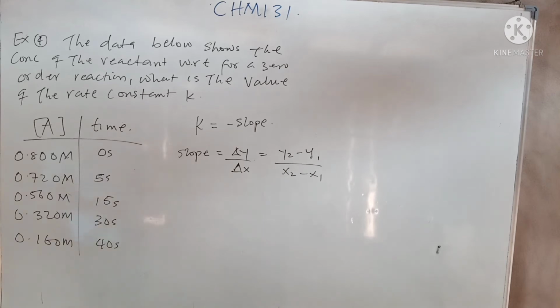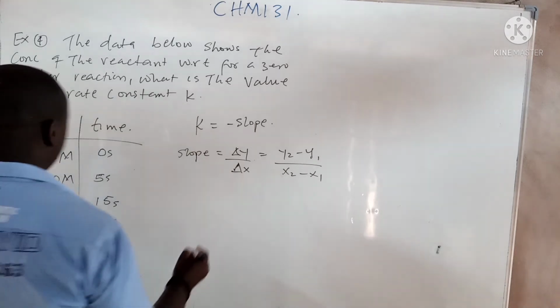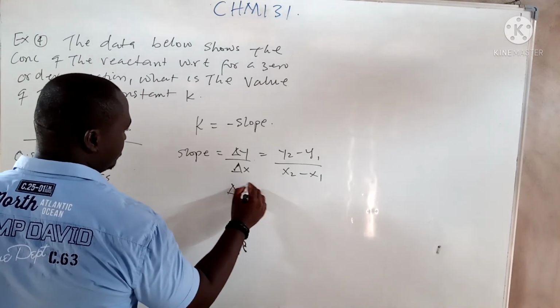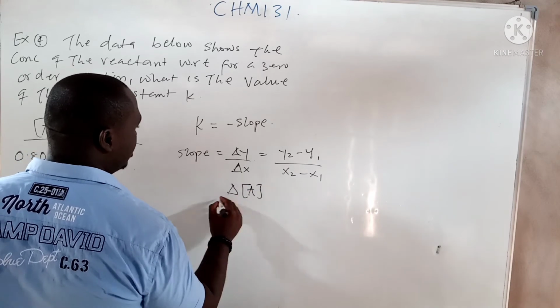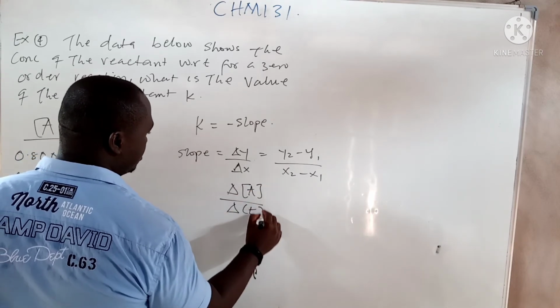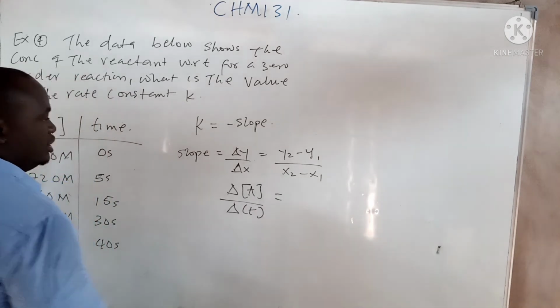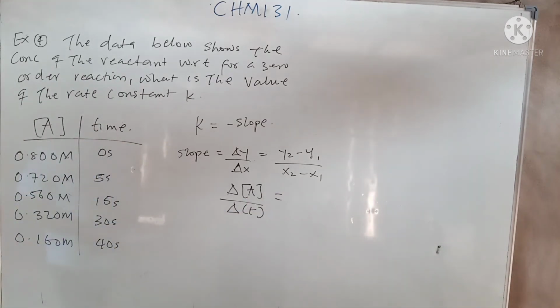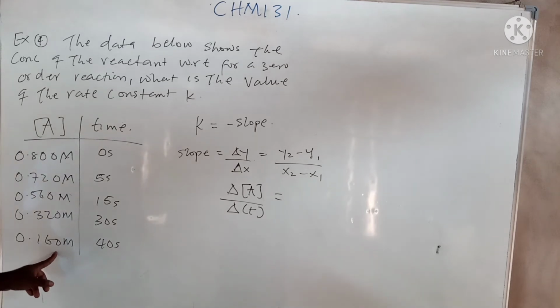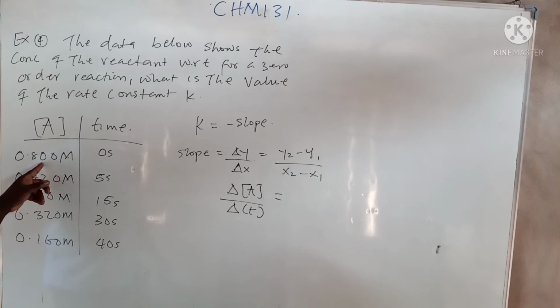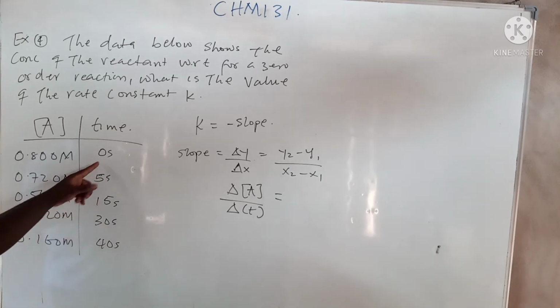So that means this will give me the change in concentration all over the change in time, right? So in this question, it has to be the final concentration minus the initial concentration, all over the final time minus the initial time.